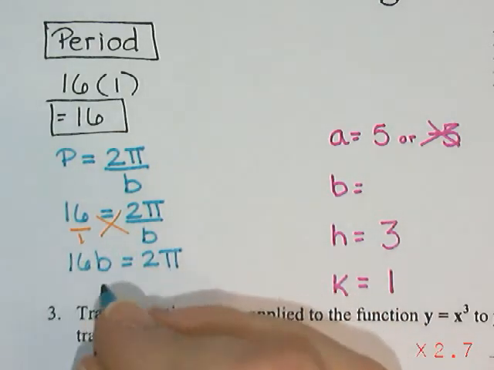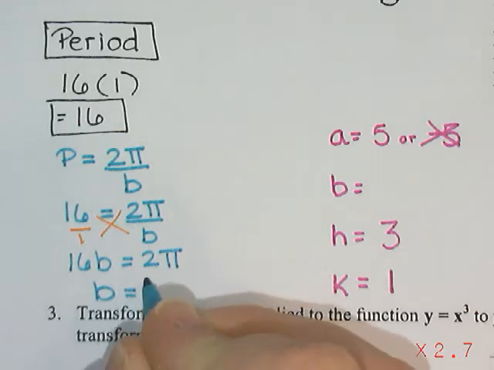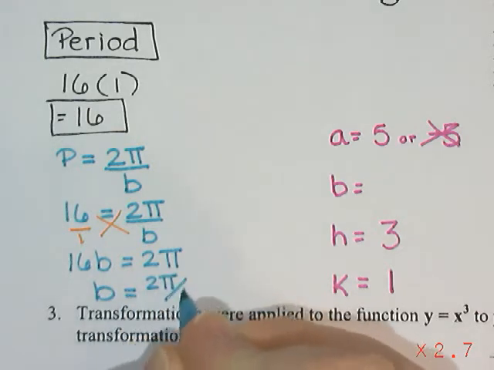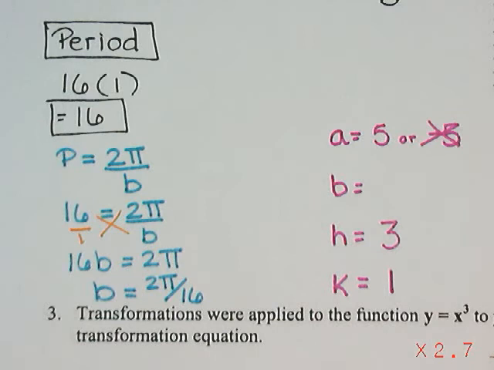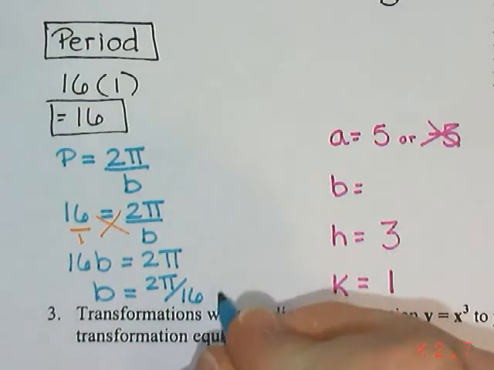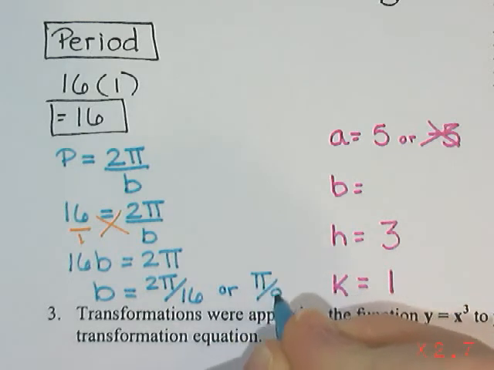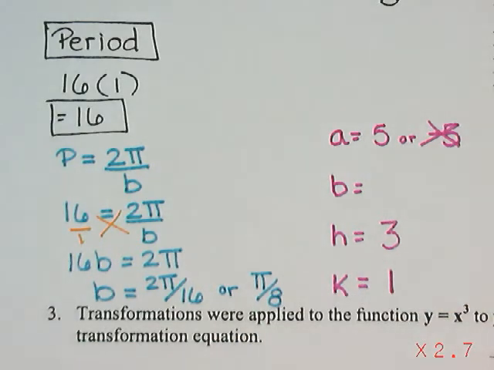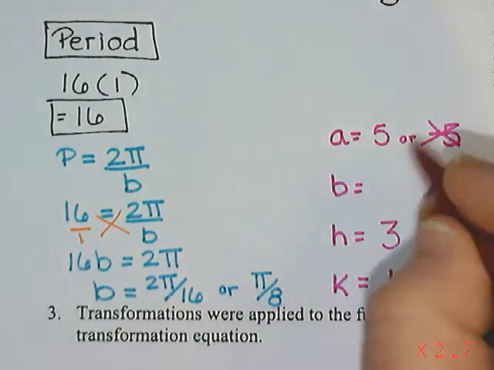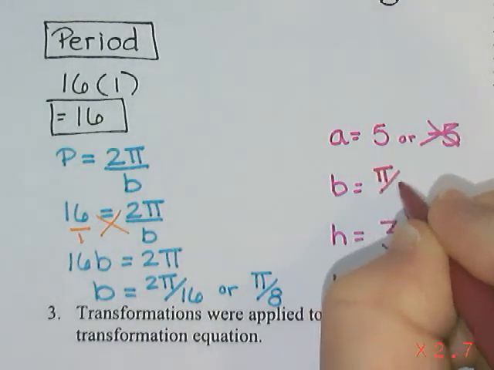And then I would divide by 16 to get that b is 2 pi over 16. Now 2 and 16 both divide by 2, so that would be 1 pi over 8 if I divided by 2. So that means my b value is pi over 8.